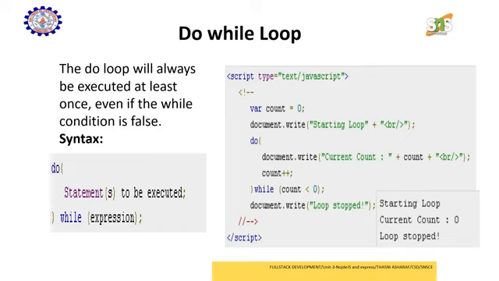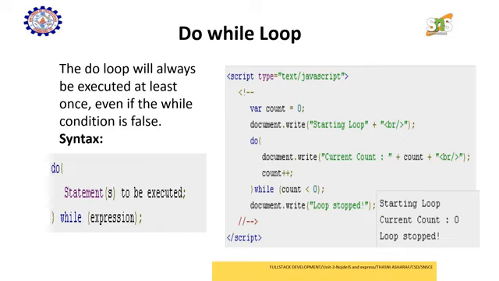The do while loop will always be executed at least once, even if the while condition is false. So my do statement is executed even when the while condition is false. For example, here my variable count equals 0. My document.write is "Starting loop".